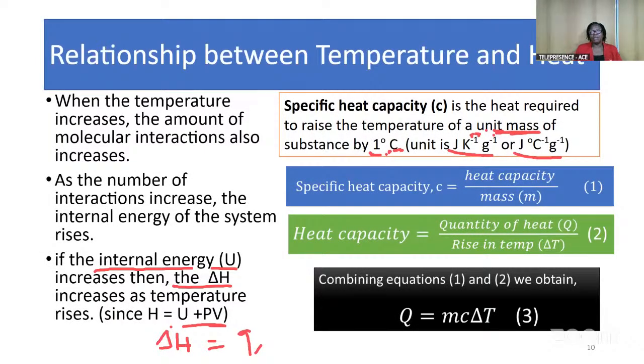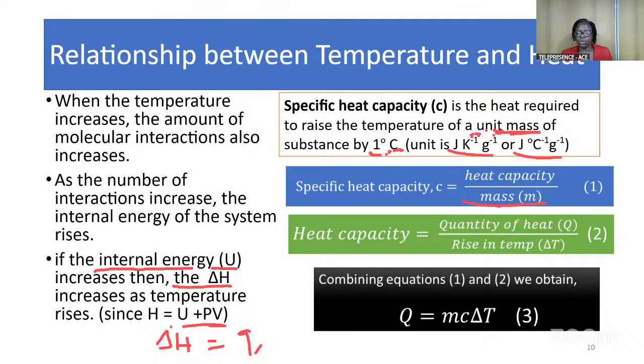How do we determine specific heat capacity? Specific heat capacity of any substance is the heat capacity divided by mass. Remember, it is the amount of heat required to raise 1 unit mass, so that is what is reflected in this equation.